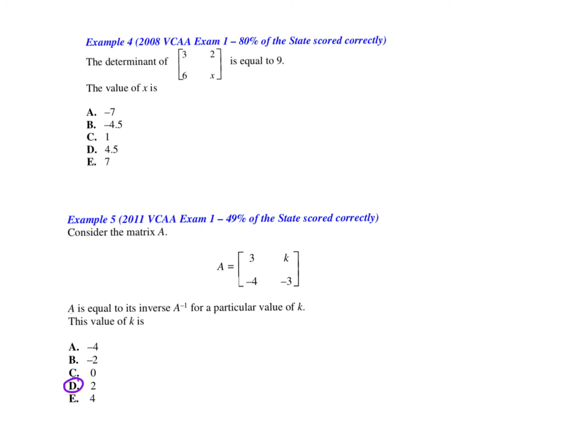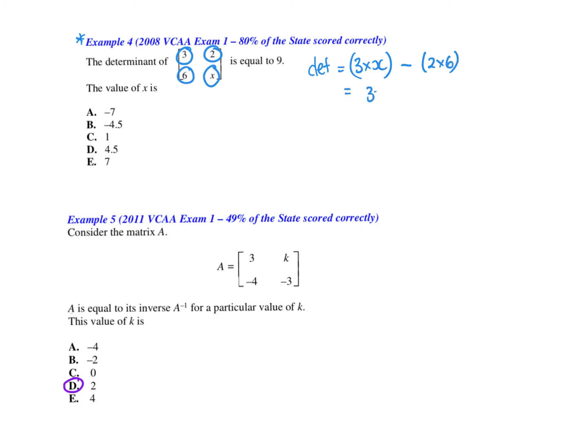Okay, so with this example 4, it says the determinant of this matrix is equal to 9. So if we were finding the determinant of that matrix, remember we're going to say this spot times that spot, so it'll be 3 times x minus 2 times 6.